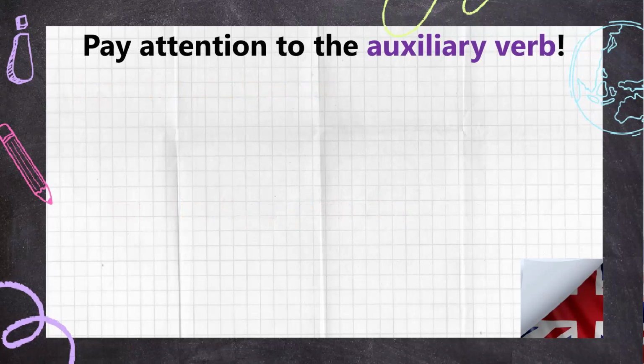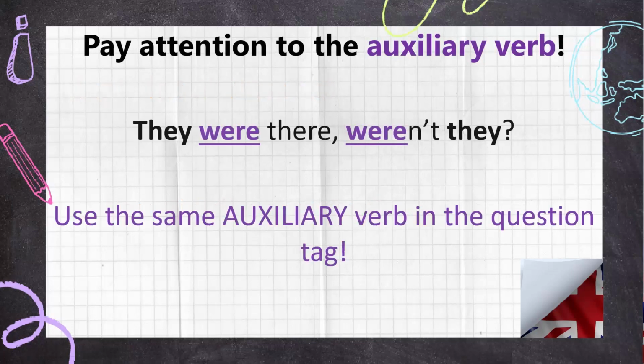Pay attention to the auxiliary verb, because we have to use the same auxiliary verb in the question tag as the verb in the statement. They were there, weren't they? So we have to use were.